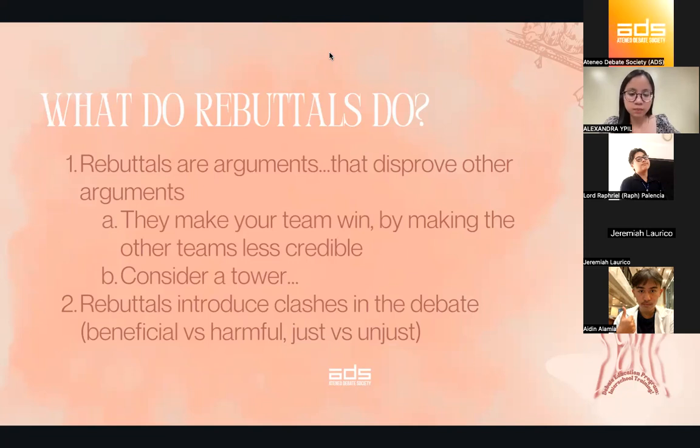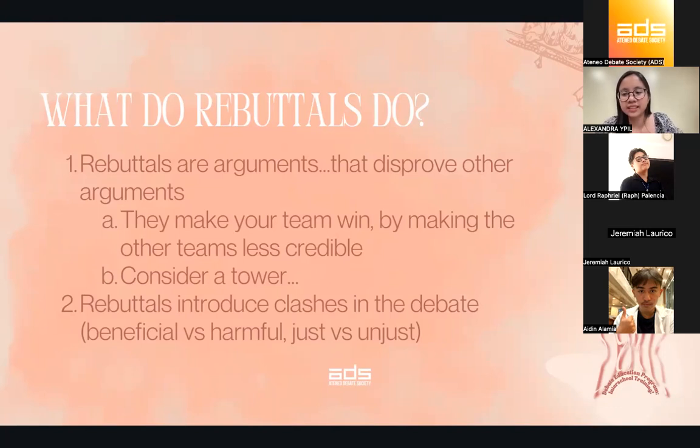So the way that rebuttals make your team win is that, compared to arguments, where you are able to explain points, ideas, and why certain impacts and things are important, rebuttals make your team win by making the other team less credible, because you're, in general, saying that their ideas are not true or not important. I think a good way, which one of my alums, a debater I look up to, from the ADS when I was still in high school, put it is to treat it like a tower. So imagine that OG, let's say it's BP, and OO, the team with OG, will build their arguments, and consider that the way they build it is how they build their tower.